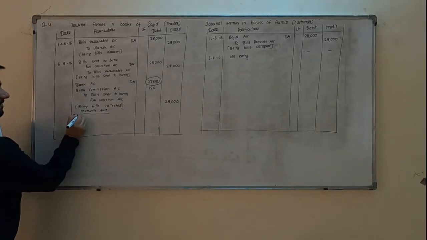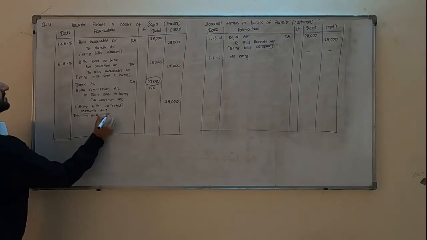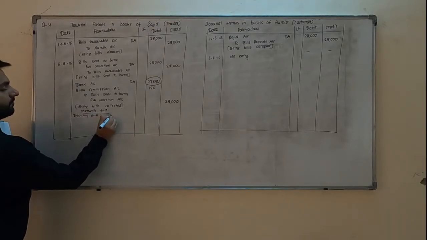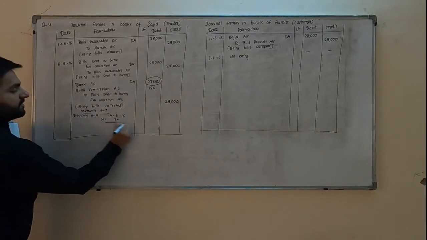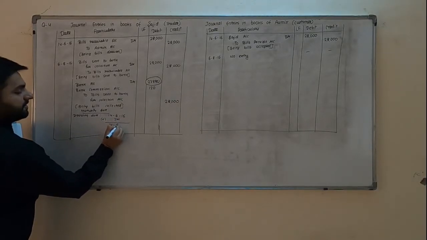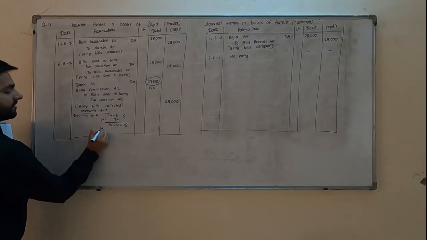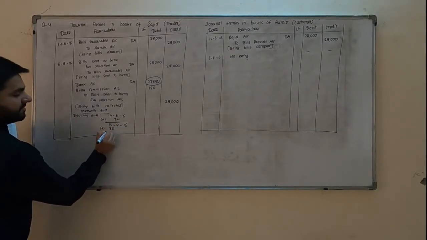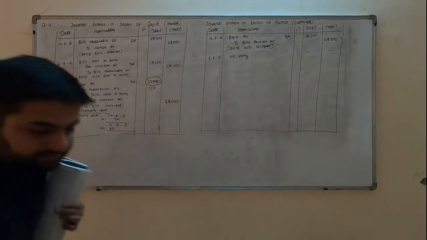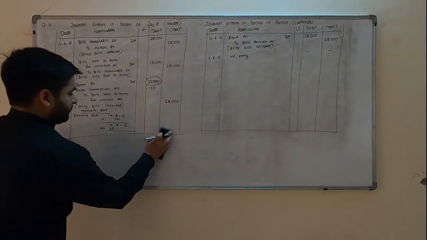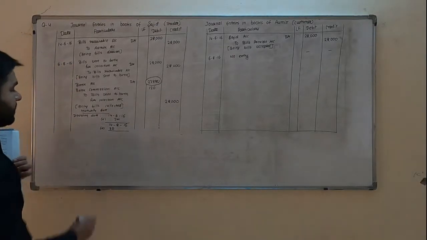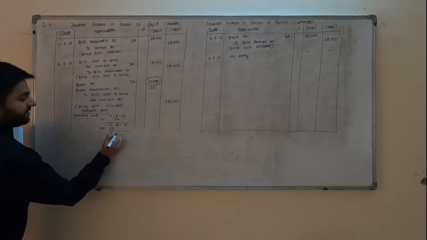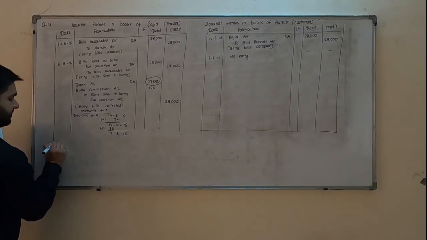Okay, now maturity date. For that, the drawing date is 14/6/16. Bill was for 2 months, so 14/8/16, plus 3 days of grace are added to each, so it would be 17/8/16.